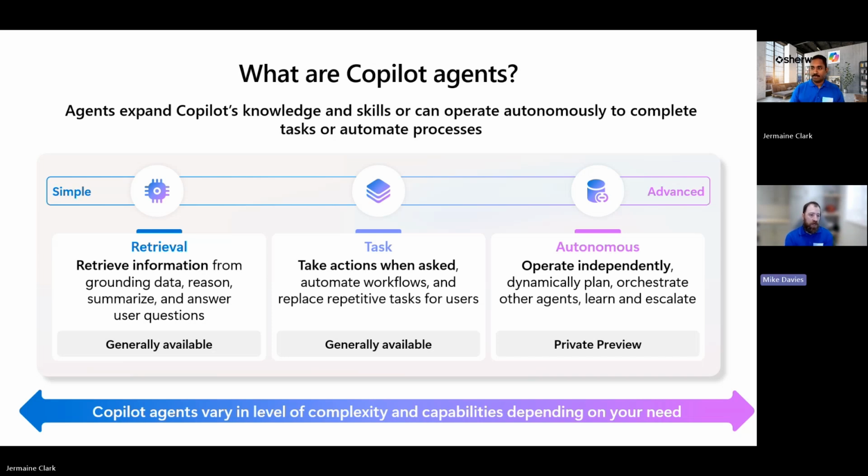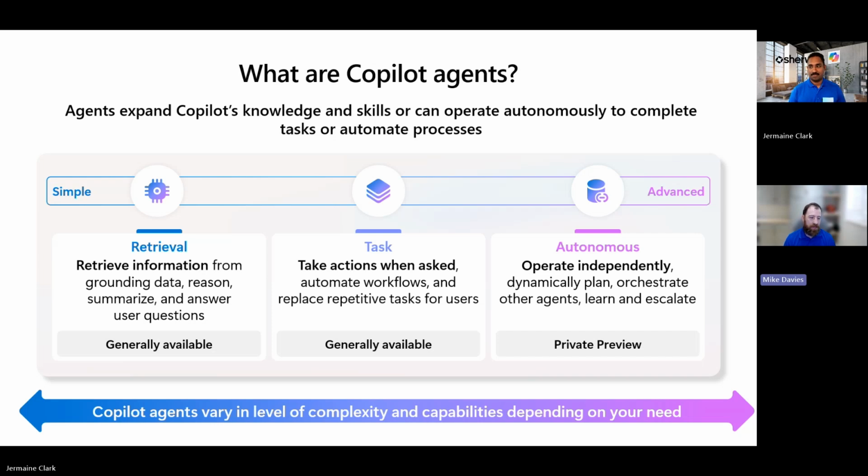Now, here is the complexity of agents that you can get through. Retrieval is going to be the most simple type of agent. You can see from the video a use case of a field agent grabbing information from SharePoint.